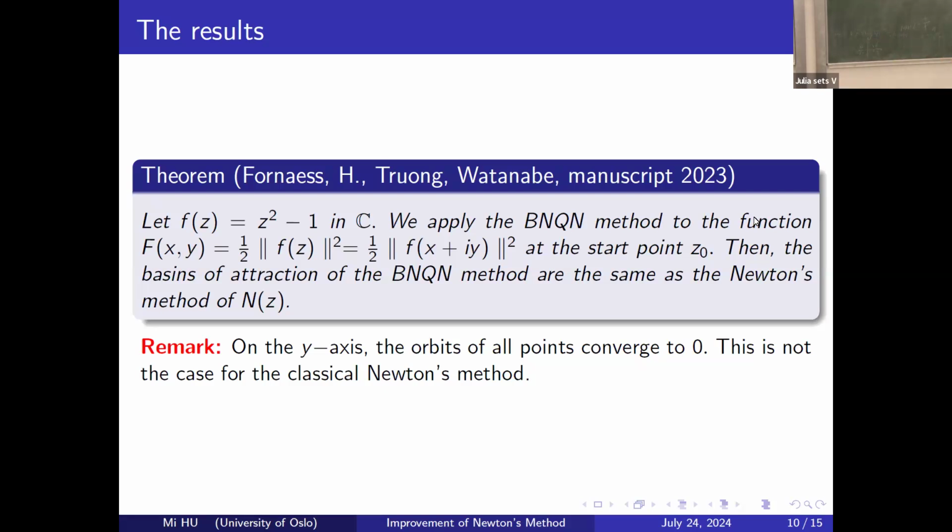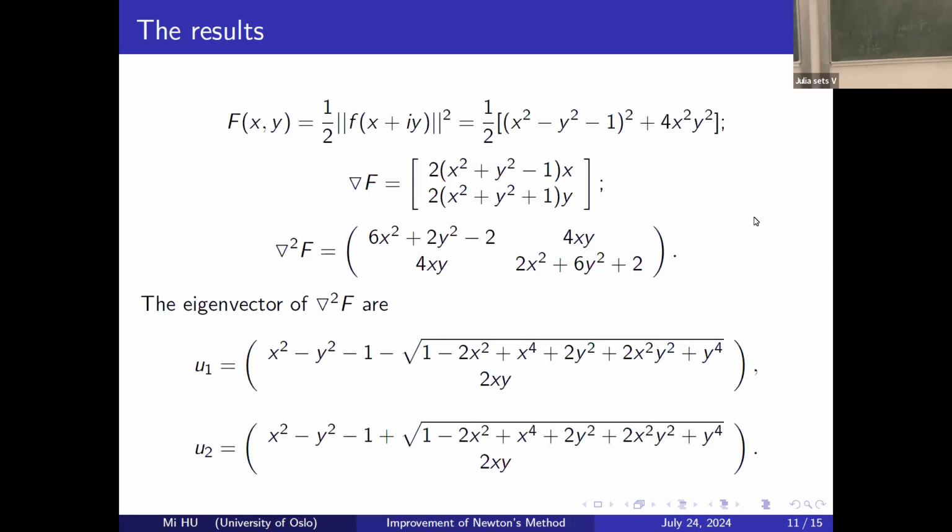Okay. So how to prove this is not easy to show. When you calculate this capital F, you get this, and then the gradient is this, the Hessian is this. Then we need to calculate WK, right?